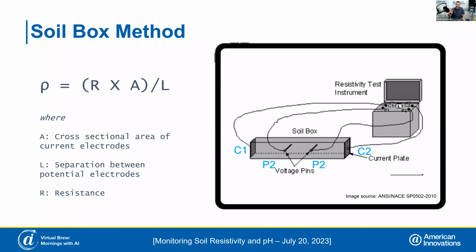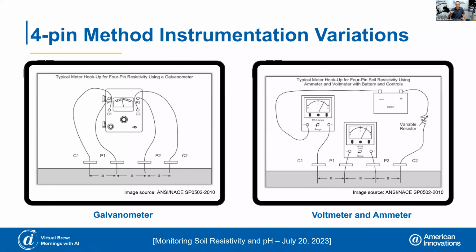You want to get it into the ground far enough that you make good contact with the soil. You want to get through the upper layers. If you're just penetrating through mulch or grass and topsoil, and you're not really getting to the meat of the soil, then your reading won't be as accurate. So you want to get down to that area where the soil is more representative of what's going to be around the structure.